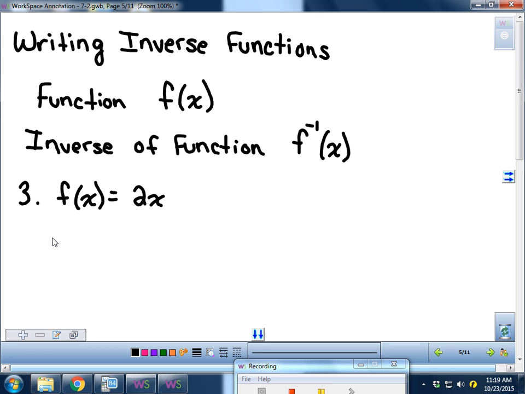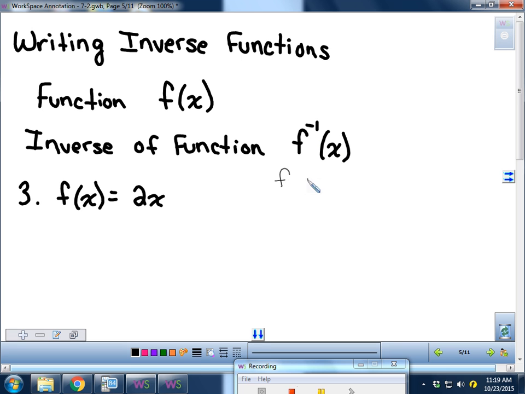Okay. So let's talk about writing inverse functions. We identify a function using f of x. That's called function notation. The inverse of a function, we use this as the notation. This is inverse function notation. This is read f inverse of x.